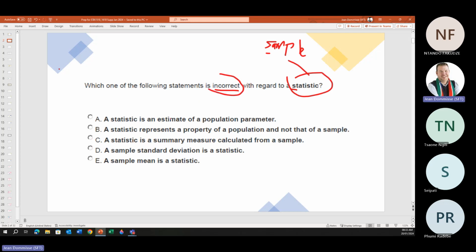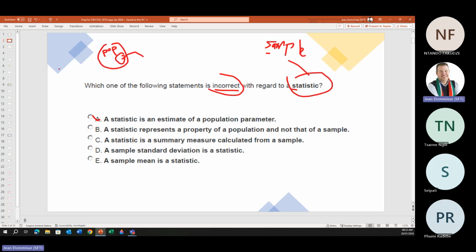A statistic is an estimate of a population parameter. Yes, that's true. Also remember, if this is your population, a sample will be a small part of that population.